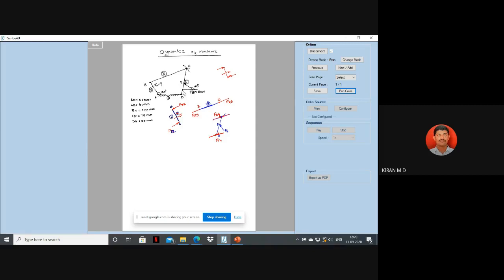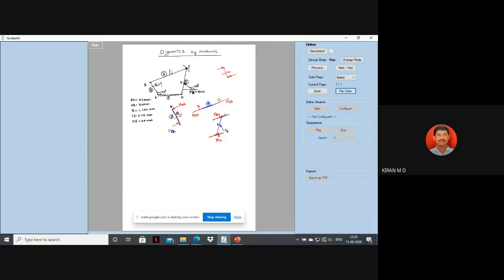Are you following? If it is fixed, it can withstand the load in any direction. If it is simply supported, it will undergo only vertical load. Are you following?